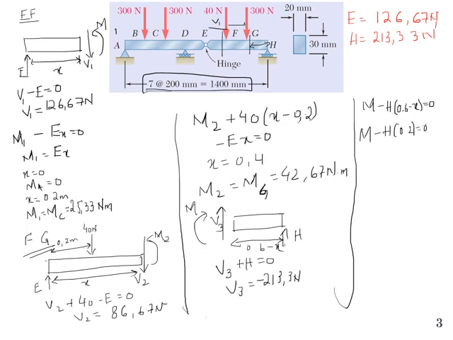If I put the value of H, we have the same value of M as we calculated for M2, or MG, that is 42.67 Newton meter. And if you put x is equal to 0.6, that is point H, the moment at H will be equal to 0. It's common sense as well, since it's an end pin joint over there, so the moment should be equal to 0 at that location.